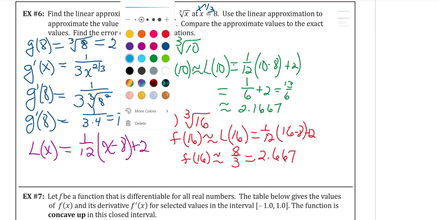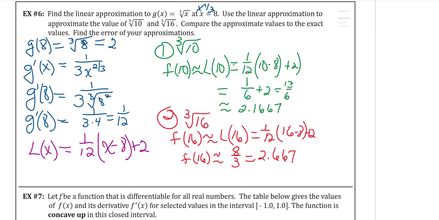So let's do that. Let's use orange. For this first problem, it's the cube root of 10. We're going to do our error here. I'm going to do this off to the side. We're going to have the absolute value of g of 10 minus L of 10.